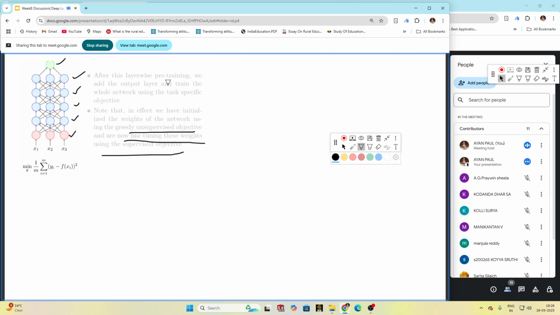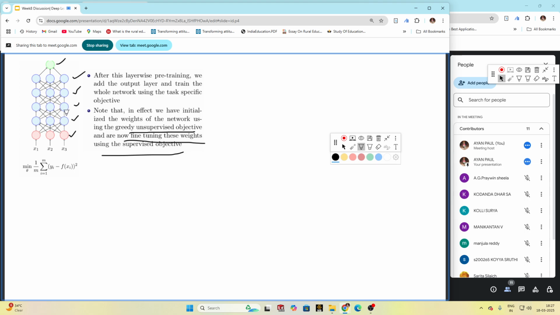In pre-training we are not applying the output layer. We are just interested in the hidden and input layers. After the pre-training and fine-tuning process, we put in the output layer, and then we do supervised learning.